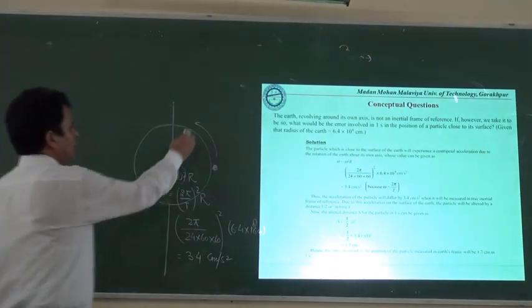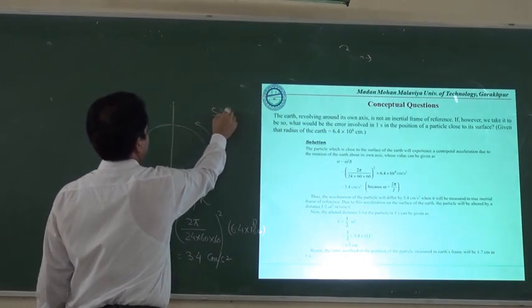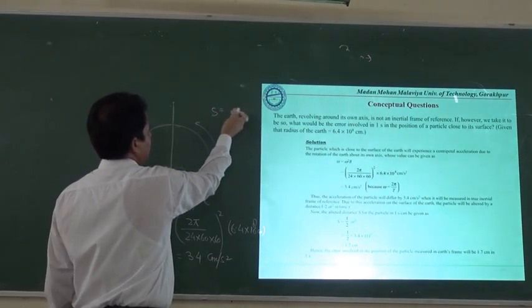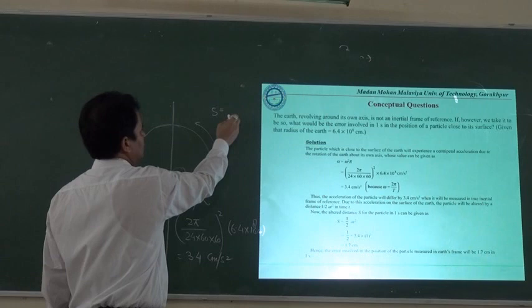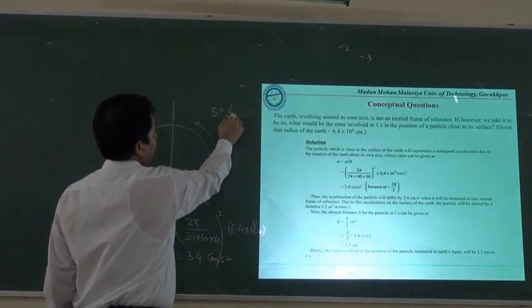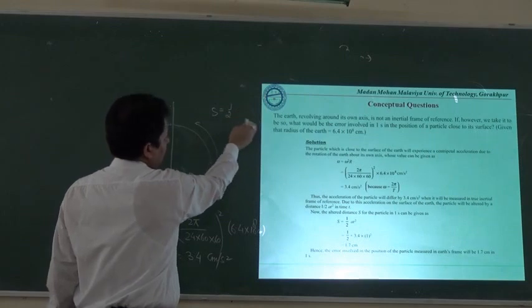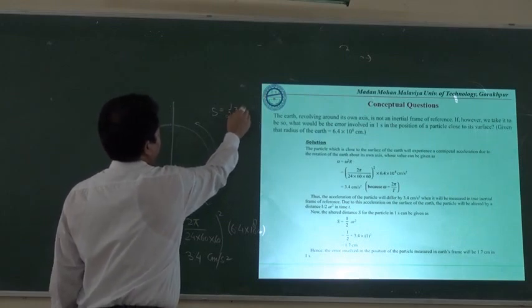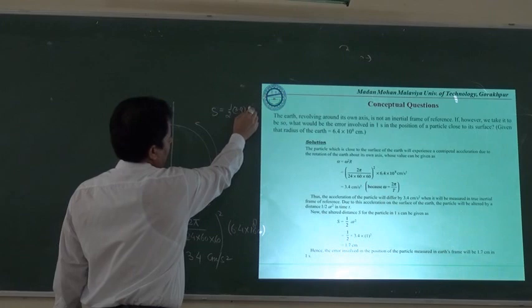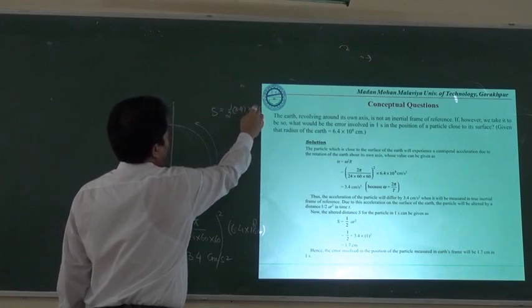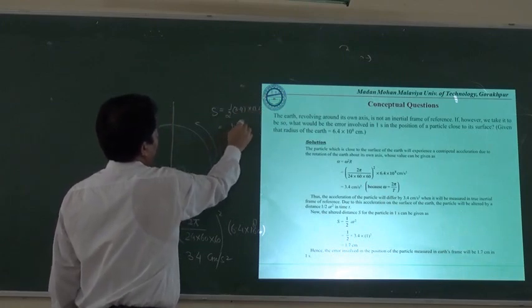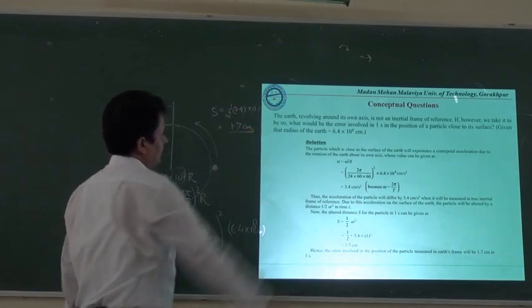So that we will calculate by the expression s is equal to ut plus half at square, u is equal to 0, initial velocity 0, that's why half into acceleration into t square, and that acceleration is this, multiplied by 1, and obviously this is equal to 1.7 centimeter.